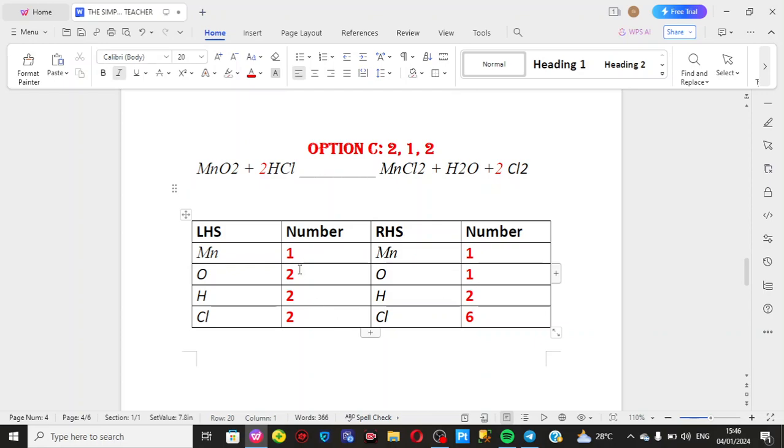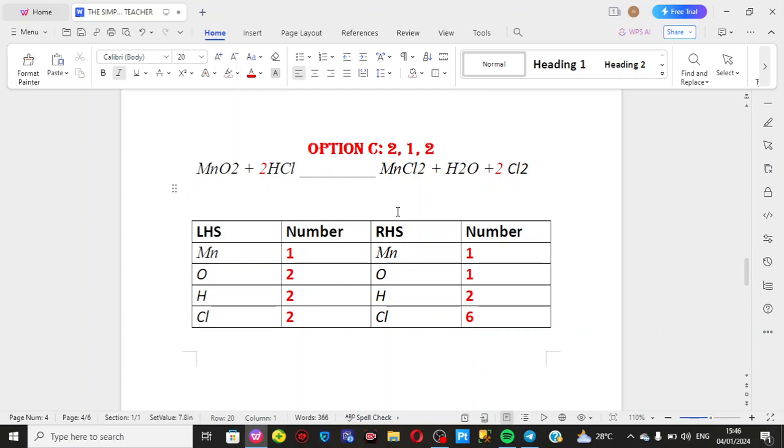Then for hydrogen, how many hydrogen can you see? Left hand side is 2. Right hand side is still 2. It is balanced in terms of hydrogen and manganese, but in terms of oxygen and chlorine it is not balanced, because for chlorine, the 2 in front of HCl will multiply that atom of chlorine to give us 2.